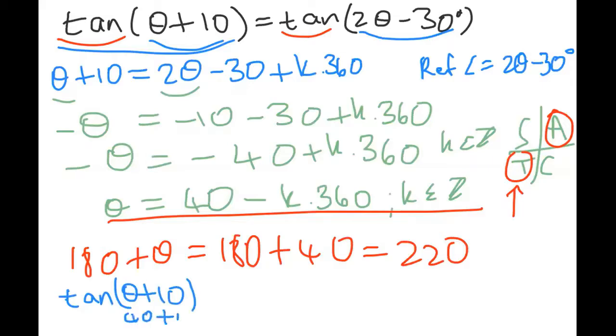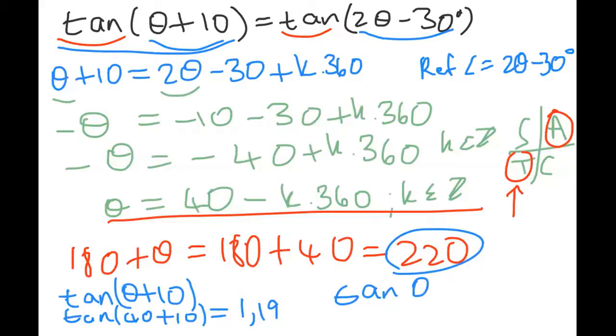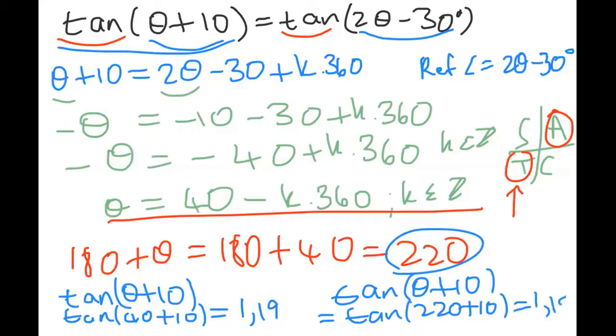So tan of 40 plus 10 is tan of 50, and that gives an answer of 1.19. Then I'm also going to put this answer in here. Tan of theta plus 10 equals tan of 220 plus 10, which is 230. And if I do tan of 230, I also get 1.19.